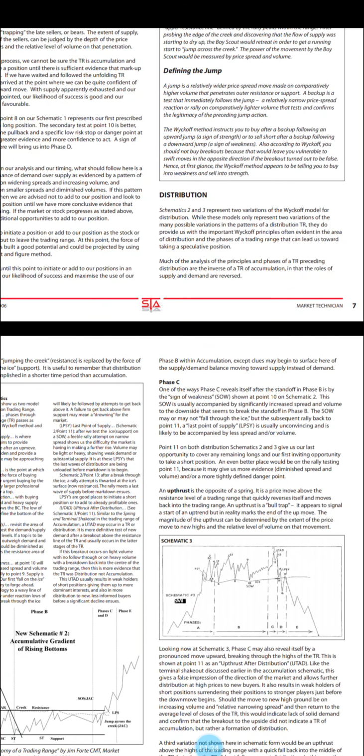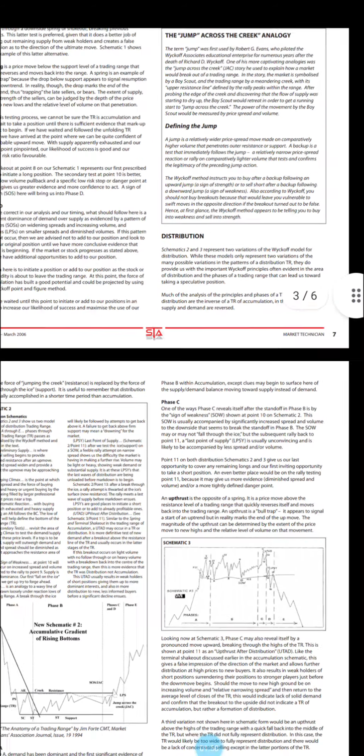While these models only represent 2 variations of the many possible variations in the patterns of distribution trading ranges, they do provide us with the important Wyckoff principles often evident in the area of distribution and the phases of a trading range that can lead us toward taking a speculative position. Much of the analysis of the principles and phases of a trading range preceding distribution are the inverse of a trading range of accumulation, and the roles of supply and demand are reversed.